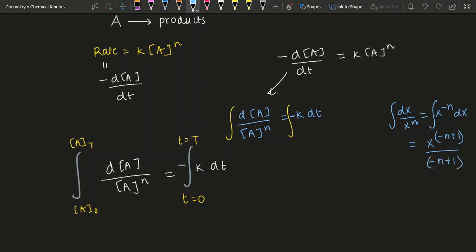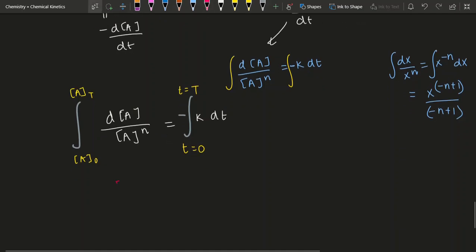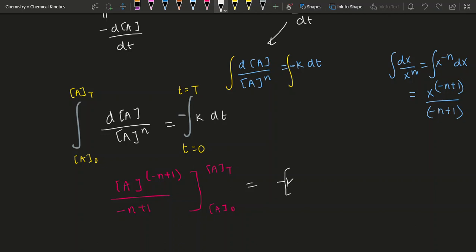So now you can write this as concentration to the power negative n plus 1 over negative n plus 1, and this is going to be evaluated from A naught to A_T, and this entire thing is equal to negative of kt from 0 to t.